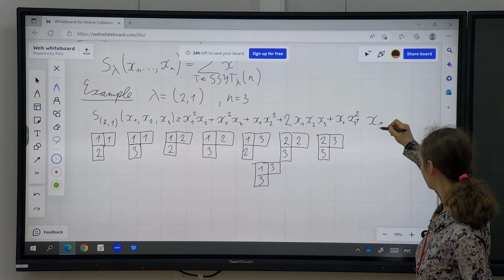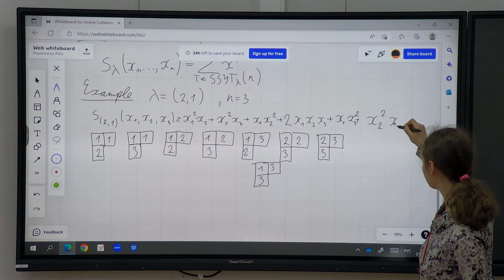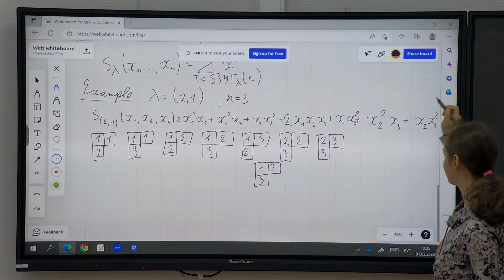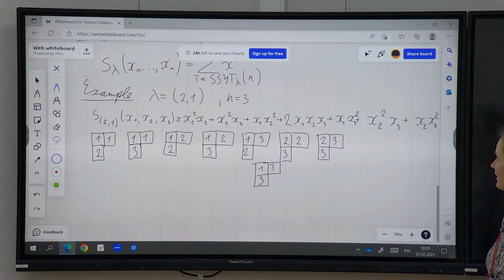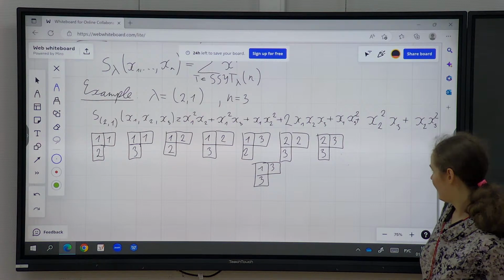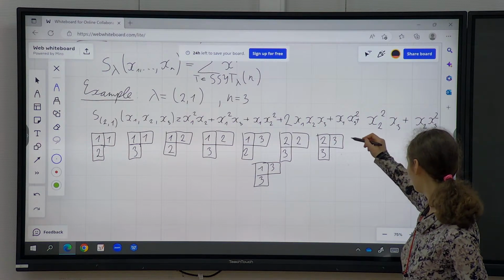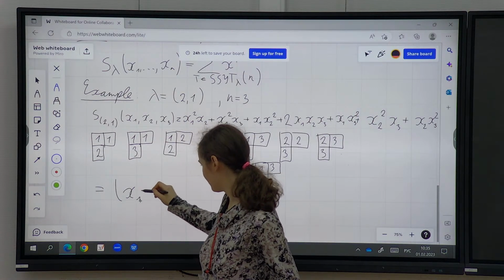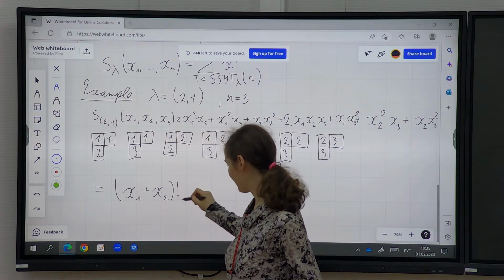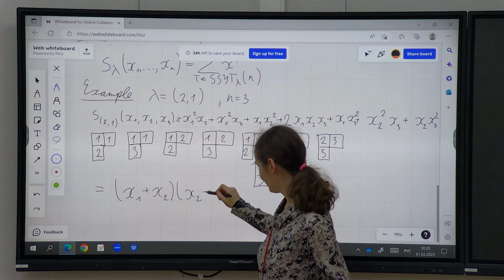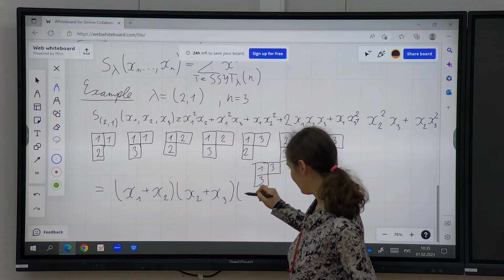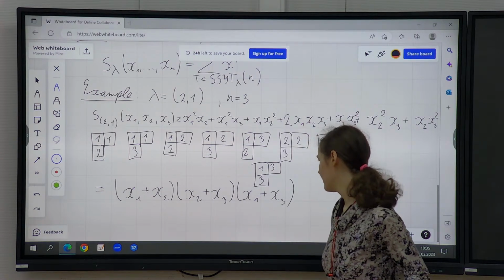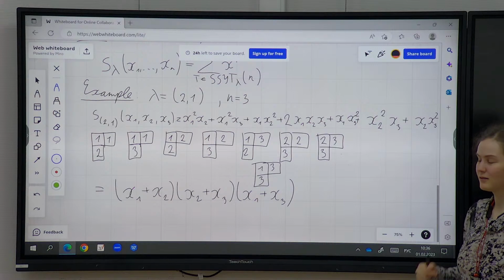Plus x2 squared x3 and x2 x3 squared. Okay, and we can check that this is equal to the product of some variables, like we've proved in the seminar.